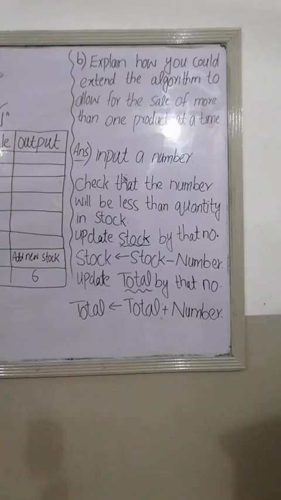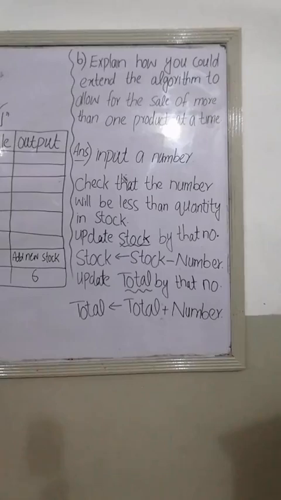So for that we have the condition written, stock minus number. It means we have to subtract that number from our current stock and store the remaining value in the variable stock, and update total by that number as well.